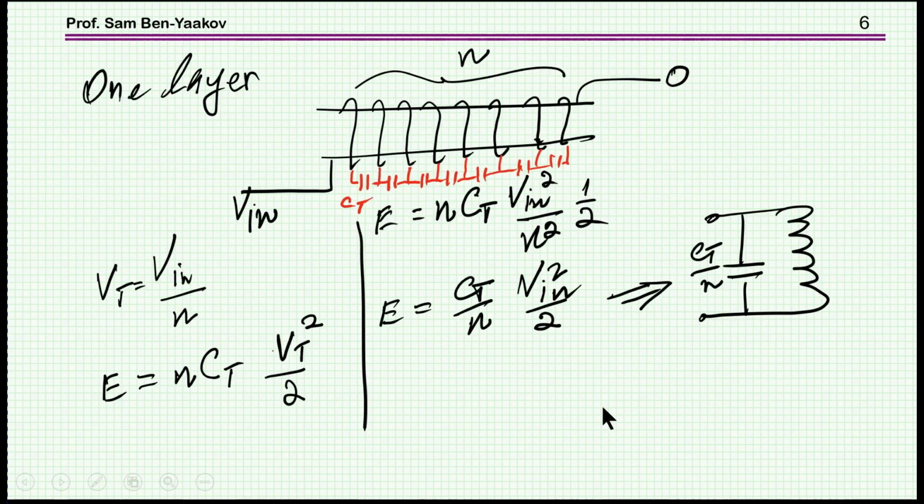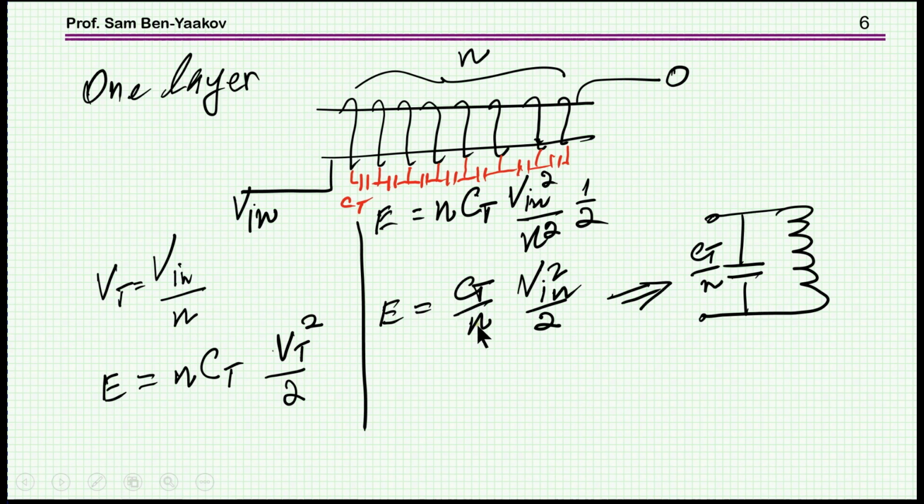So if I have a magnetic unit, and here's one leg which has N turns, and there is of course a capacitance between the turns, and say the total voltage across this section is V, then of course the voltage difference between any two turns will be V over N, and the energy stored in one layer would be CT VT squared over 2, and for N layers it is times N. And then I can relate it to V in this way, which means that this is the total capacitance that will be seen here.